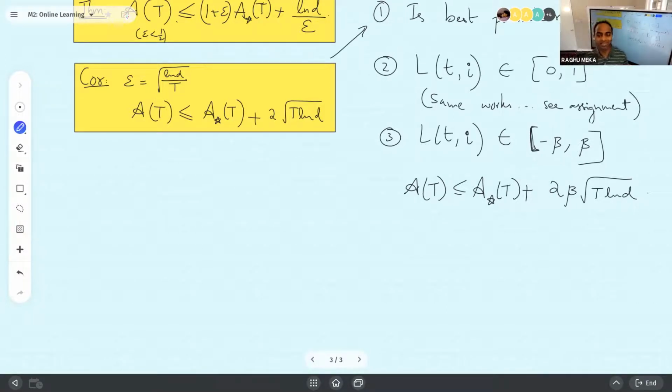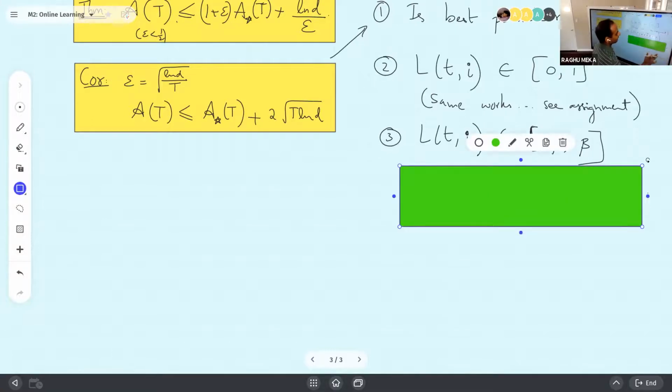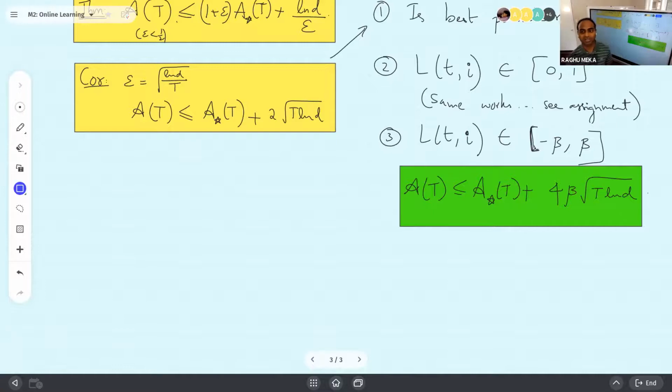Because you just divide everything by beta, maybe this is actually 4 beta, I think. So the way you do it is just scale everything by beta and then shift them a little bit so that they come back to 0, 1 and run the same algorithm. Okay, does it make sense?